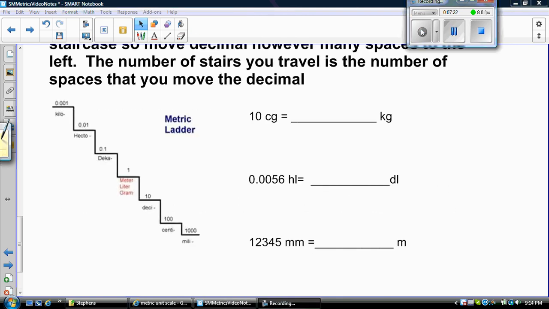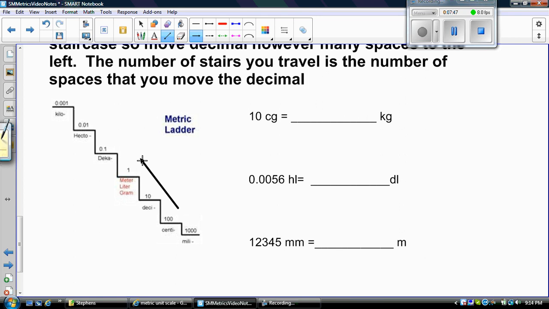Okay, so let's do some examples. If you have 10 centigrams and you want to convert those to kilograms, I'm going from small to large. So I'm going to want to move my decimal to the left because we're going up the staircase.